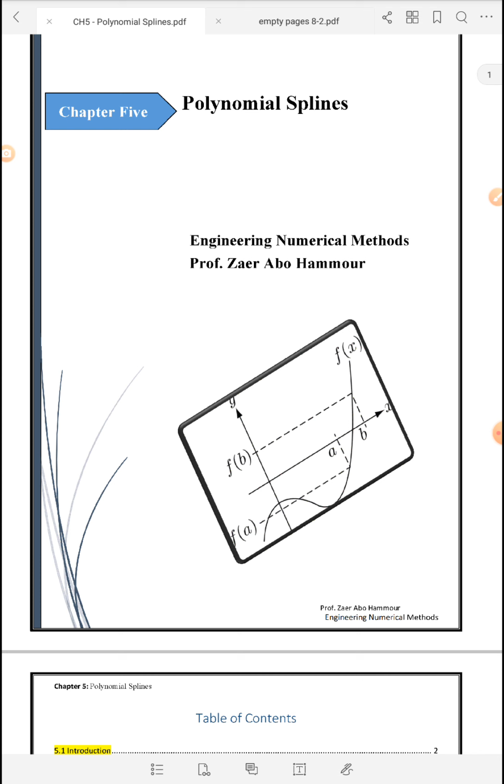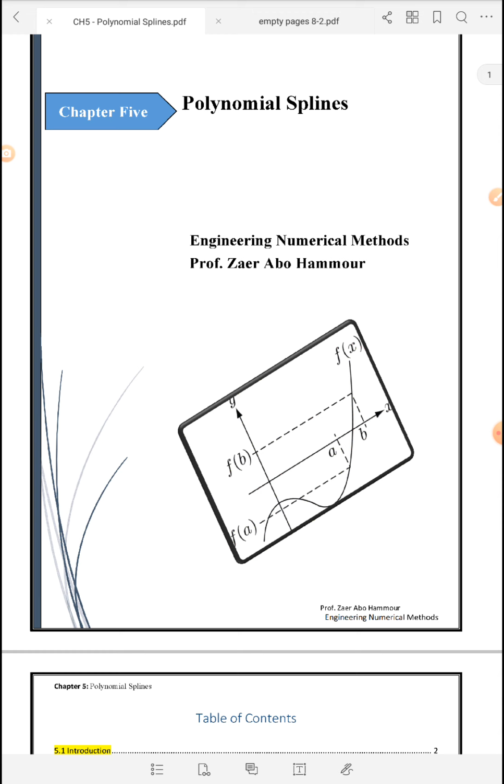The first disadvantage is that a lot of computations are required. The second disadvantage is about round-off errors. And the third disadvantage, as we discussed in the last example of the previous chapter, is the oscillation near the edges. There will be high oscillations near the edge points from the lower side and the upper side.